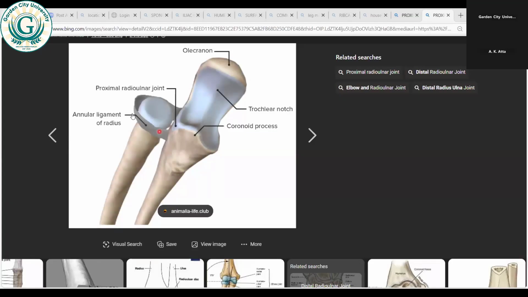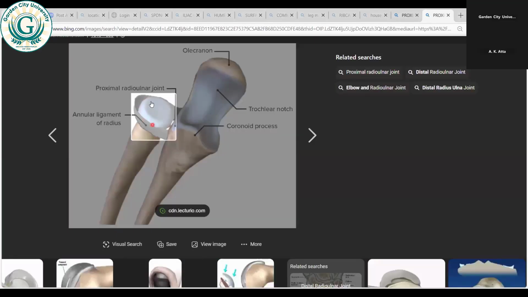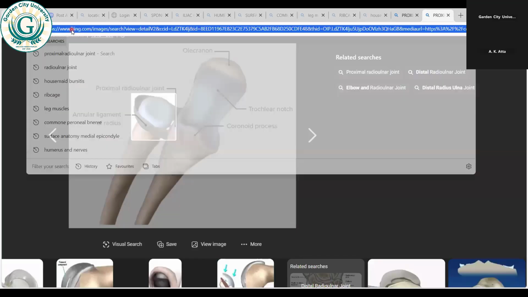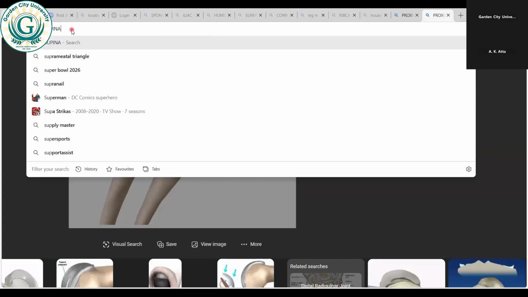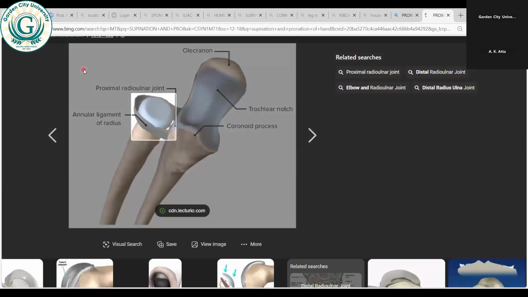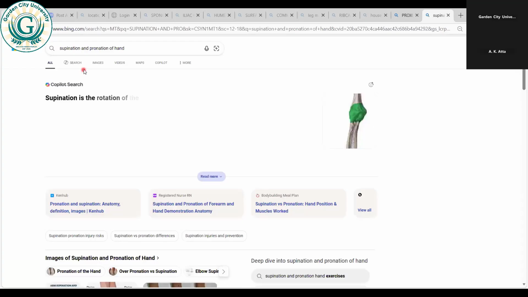But you see that there's this ligament here. So when it's standing, doing pronation and supination, the head of the radius stands here, rotates within this ligament. Okay.